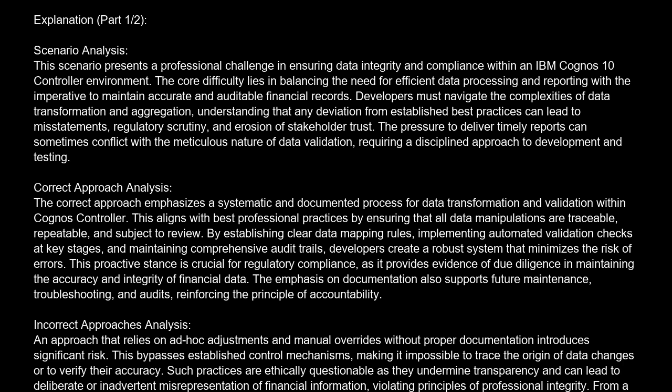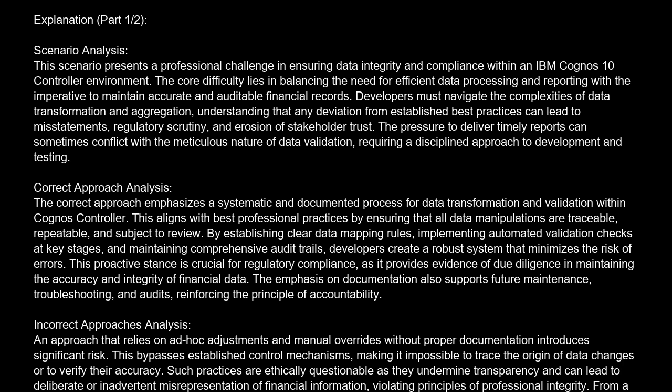The pressure to deliver timely reports can sometimes conflict with the meticulous nature of data validation, requiring a disciplined approach to development and testing. Correct approach analysis. The correct approach emphasizes a systematic and documented process for data transformation and validation within Cognos Controller. This aligns with best professional practices by ensuring that all data manipulations are traceable, repeatable, and subject to review.